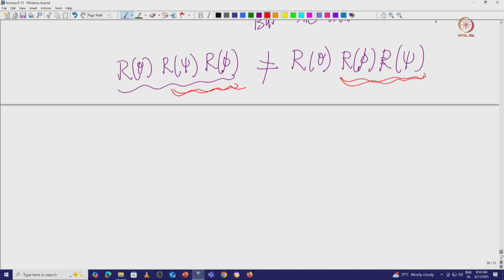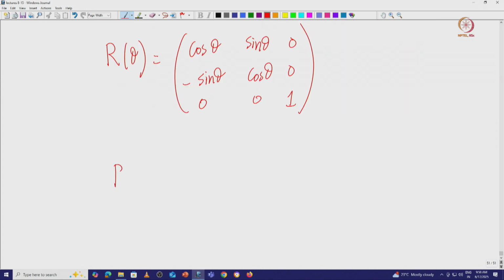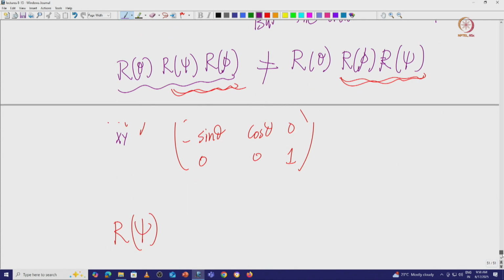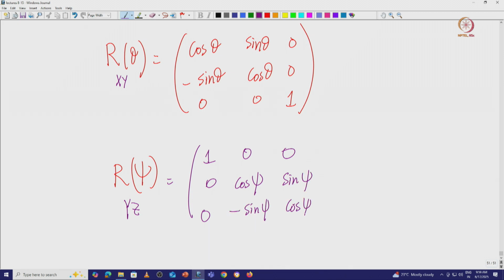Let us write down r theta explicitly. In 3 dimensions, r theta would be cos theta, sin theta, 0; minus sin theta, cos theta, 0; 0, 0, 1. This is the angle of rotation in the x and y plane, and r psi I define to be in the y and z plane, so it will be of the form with cos psi, sin psi, minus sin psi.